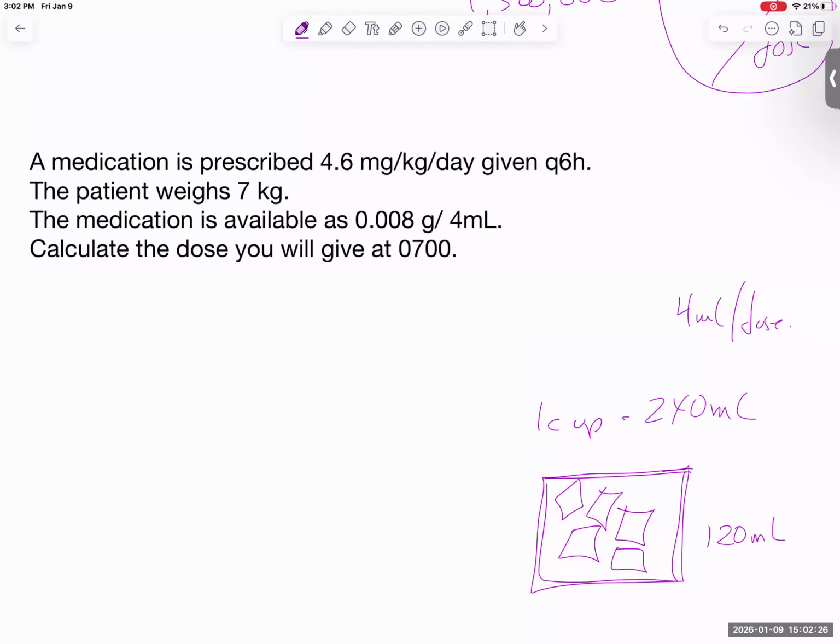Does that make sense? Are you questioning everything you ever thought about nursing now? Yeah, so when we're doing intake and output, we would just calculate it as 120 mL. Correct. If the question said the patient had 1 cup of ice, we know 1 cup is 240 milliliters, but you must also know that if it's ice, when it melts it's half the volume.